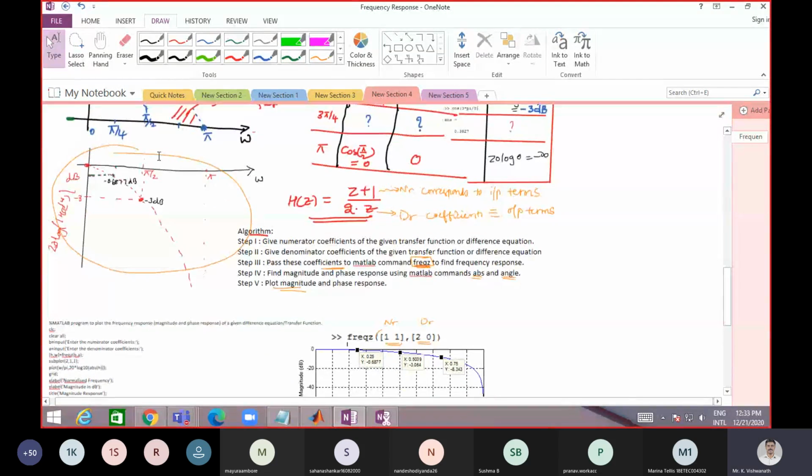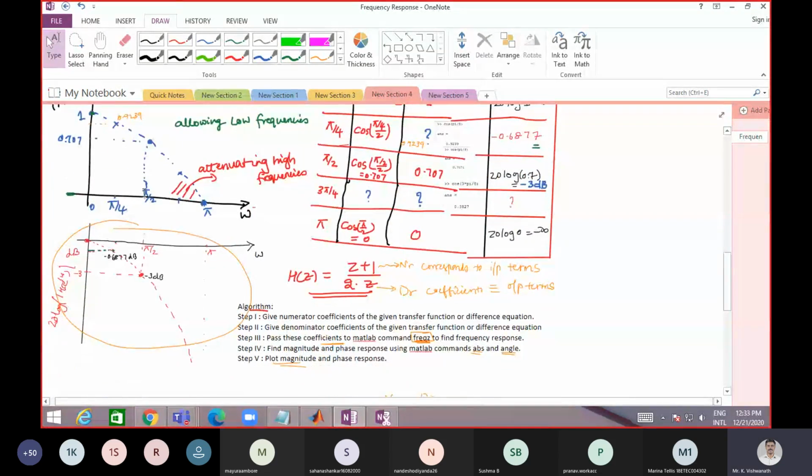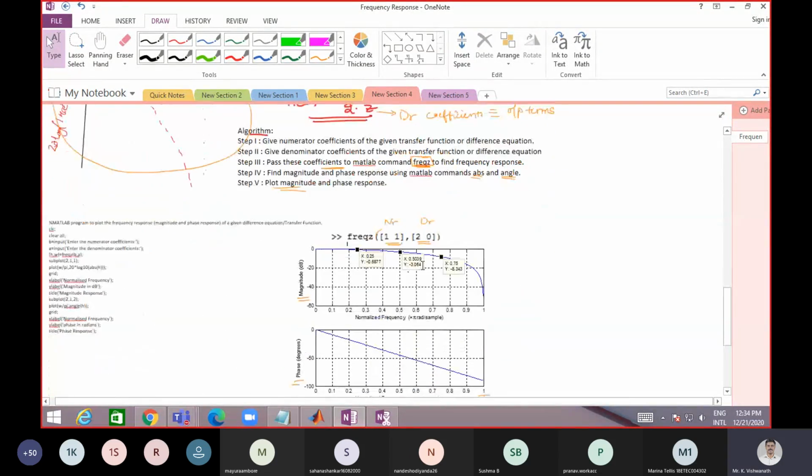Whereas at omega equal to pi by 2, it is minus 3 point some dB. It's 20 log of 0.7071, which will be minus 3.064 dB, or about minus 3 dB.